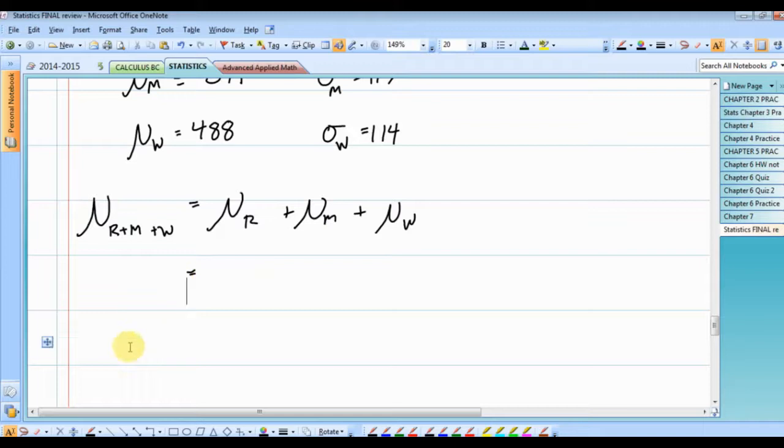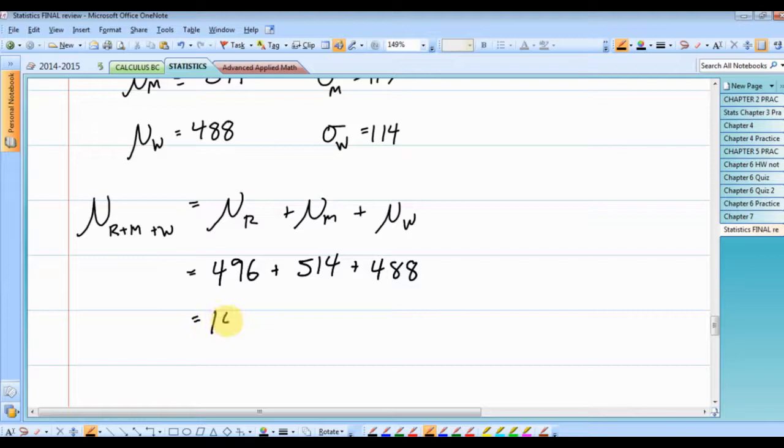This is equal to 496 plus 514 plus 488. And if you add that together, you get a mean of 1498. So that's the average combined score.